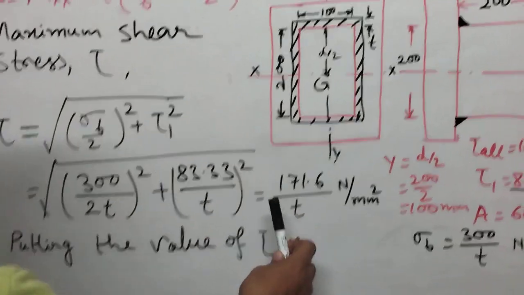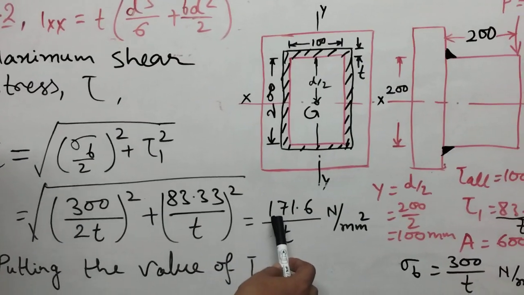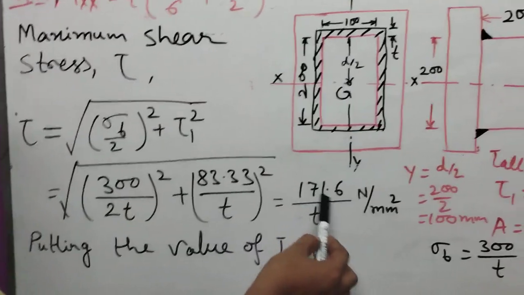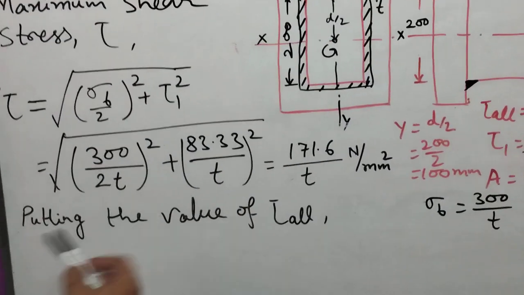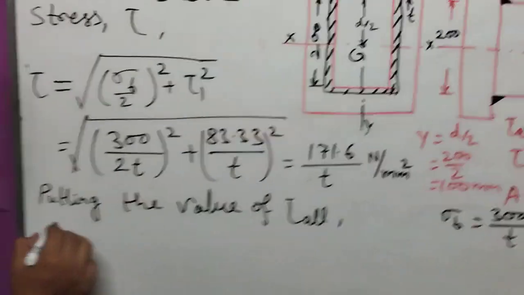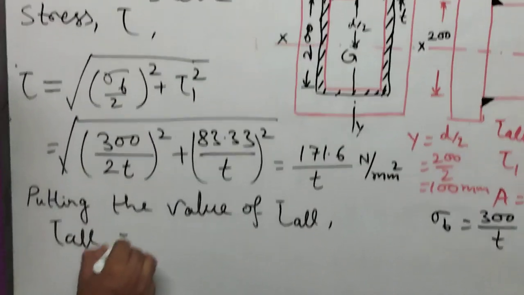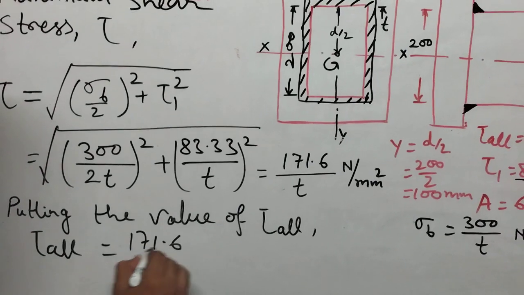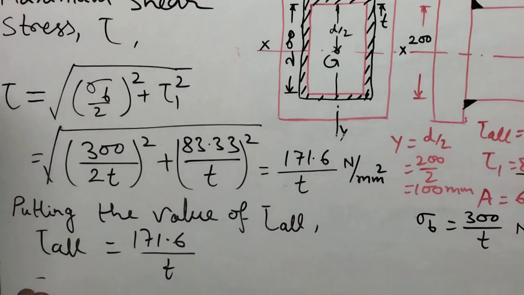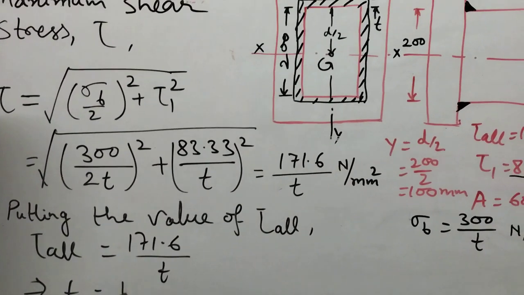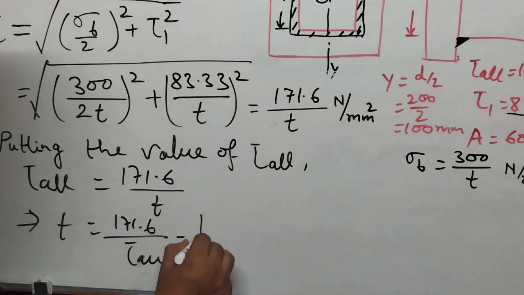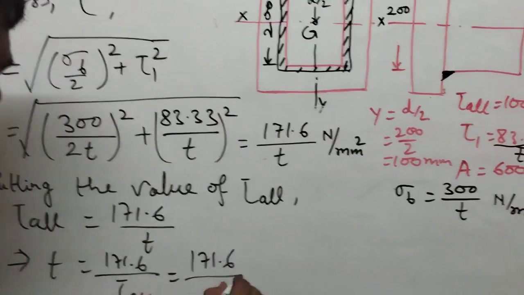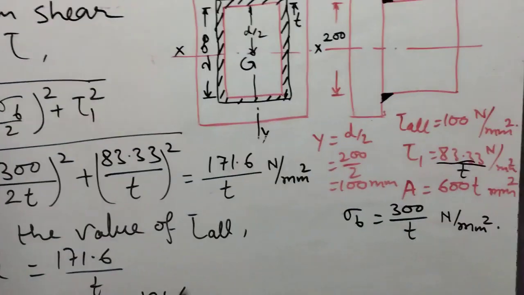The maximum shear stress is 171.6 divided by t, where t is the throat thickness, in Newton per millimeter square. Now we set tau allowable equal to 171.6 divided by t, so t equals 171.6 divided by 100, since the allowable stress is given in the question as 100 Newton per millimeter square.